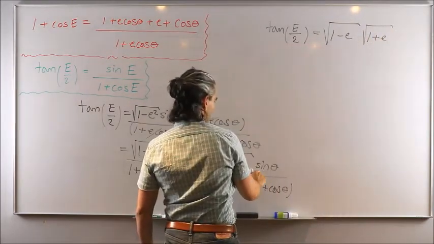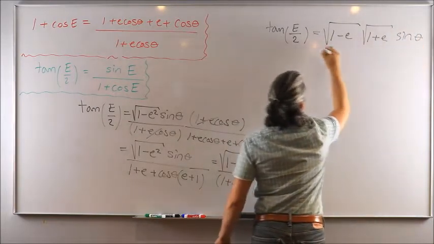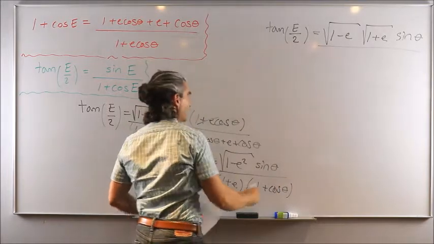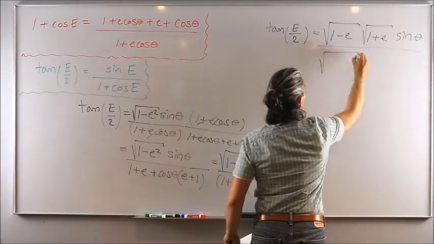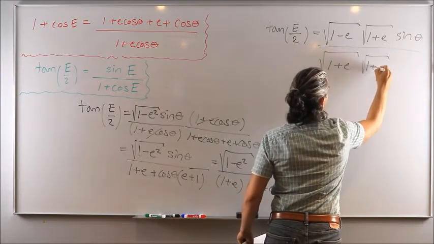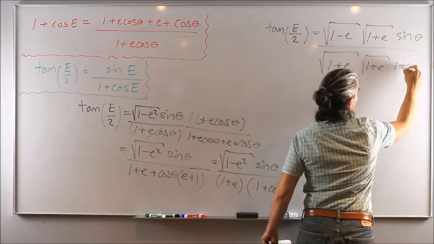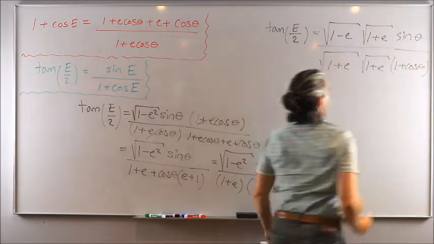All this still multiplies sine true anomaly divided by 1 plus e, which could be split into square root of 1 plus e, square root of 1 plus e, times 1 plus cos theta, 1 plus cos theta here, like that.